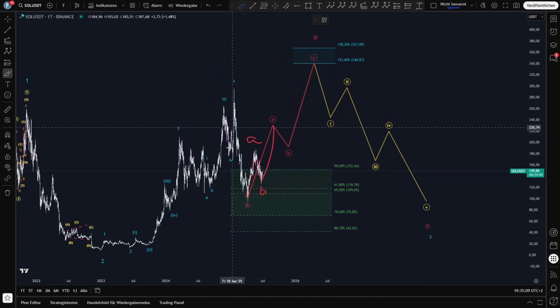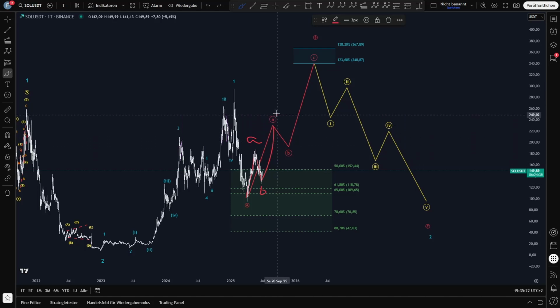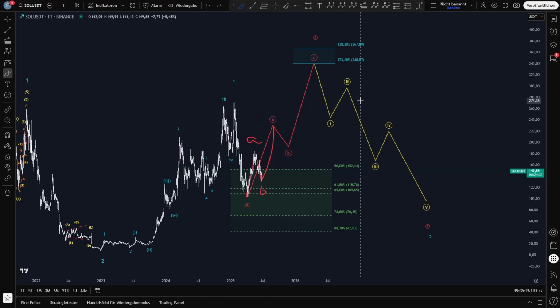Like I said, the first move to the upside would be an A wave, the move to the downside a B wave, the next move to the upside a C wave, and that would be the subwaves of this higher wave A. Like I said, an A wave can be a 3-wave move. So this ABC would be only the subwaves, the 3-wave move of this A wave.